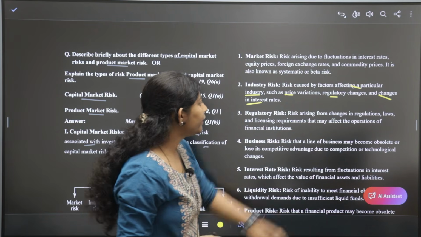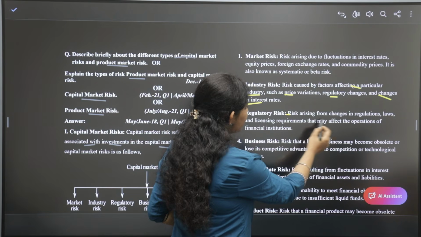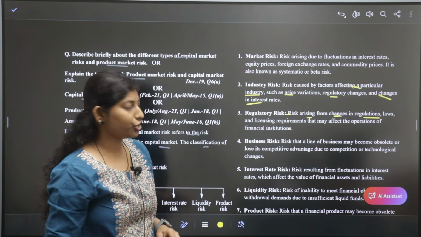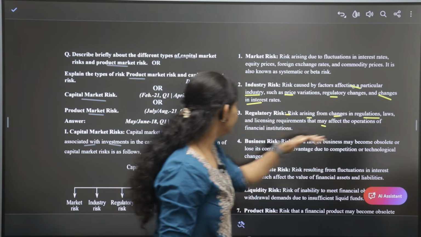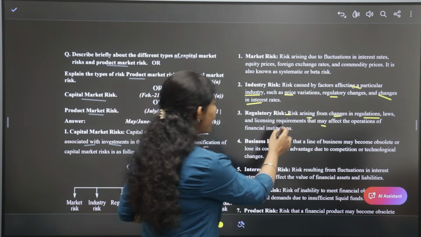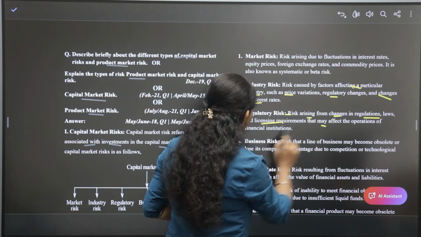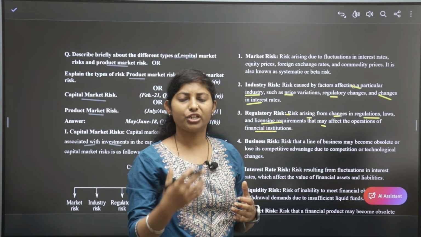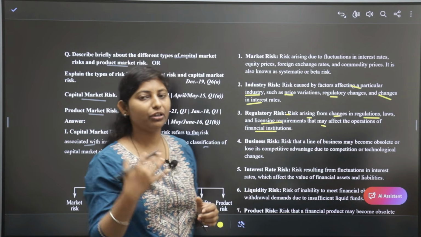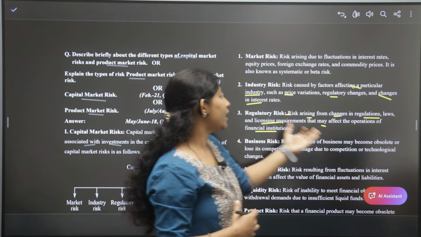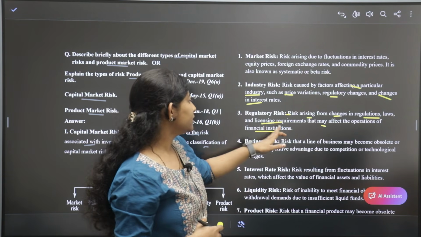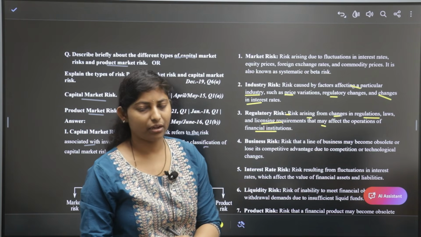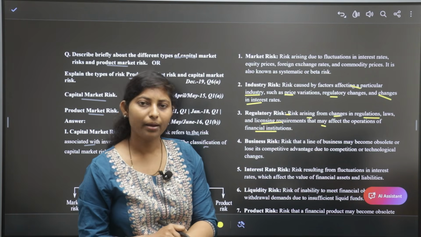Regulatory risk is nothing but risk that arises from changes in regulatory laws. There may be a change in regulatory laws and licensing requirements, and this may affect the operations of financial institutions. Some rules and regulations are changed by the government and we need to adapt. So the rules regarding our laws and licensing are going to affect the operations of financial institutions like banks.